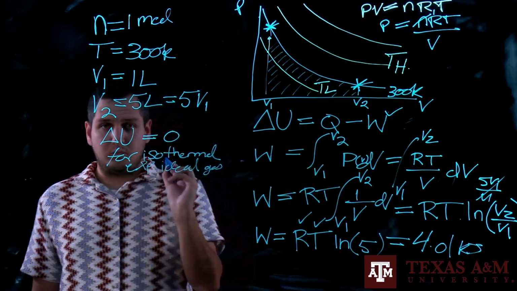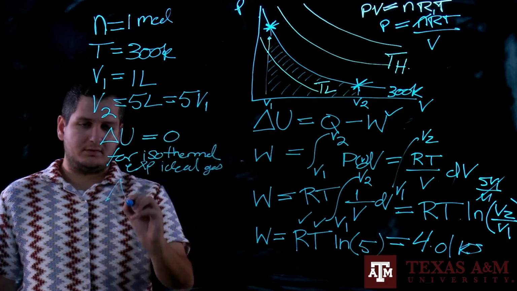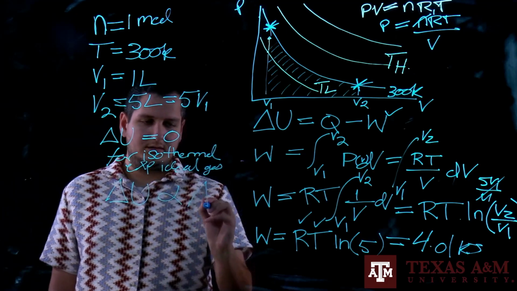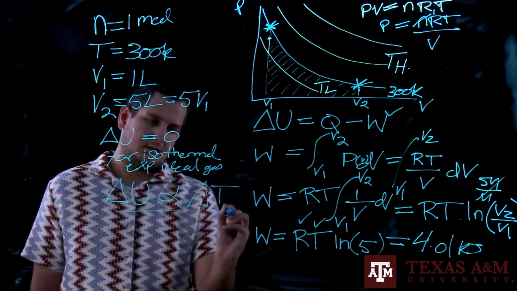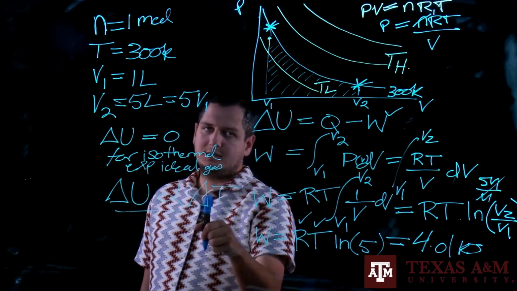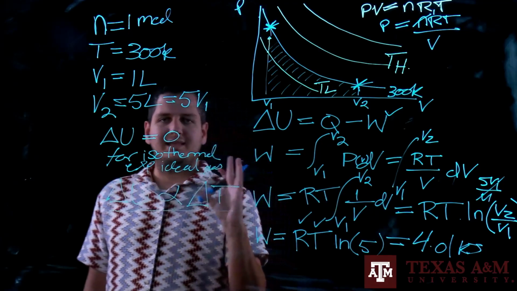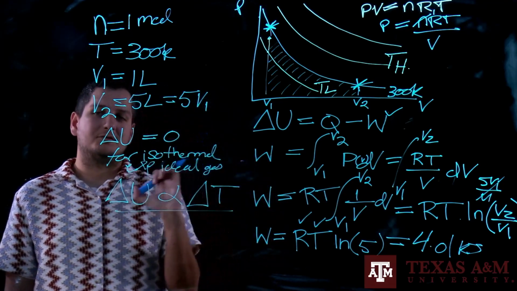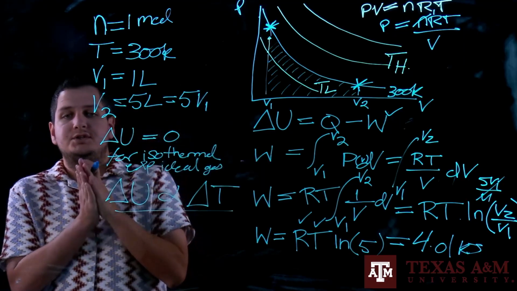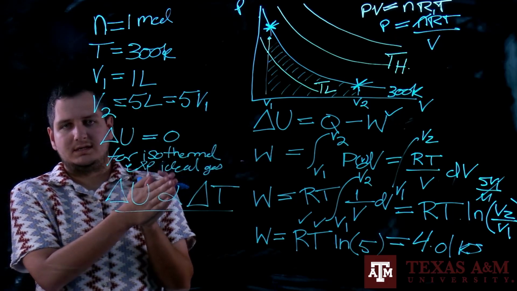Why? Because for an ideal gas, remember, change in internal energy is only proportional to change in temperature, right? That's for a simple ideal gas with non-interacting particles. If you have interacting particles, then you can have a change in internal energy without necessarily having a change in temperature.